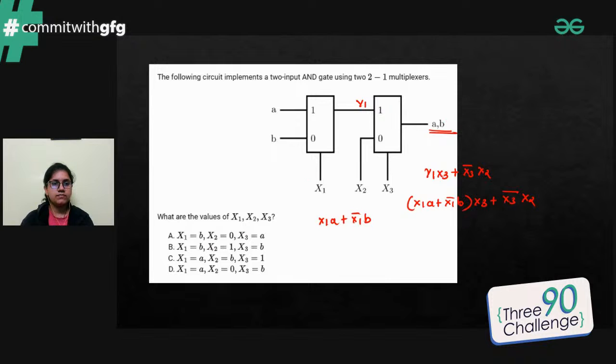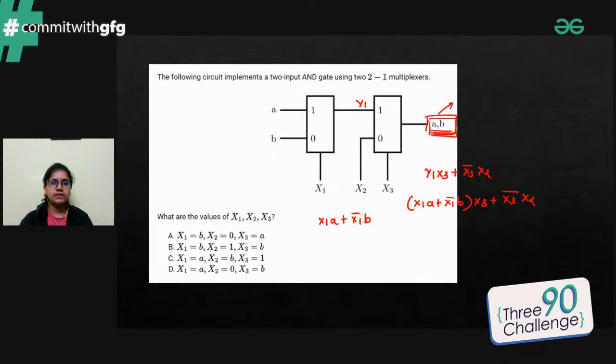We have to get the values so that we should get the output as AB. Yes, Ajay, option A is correct. We have to get AB.